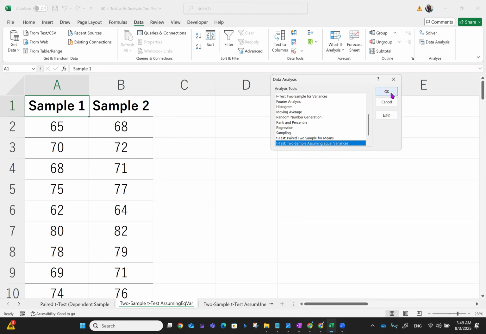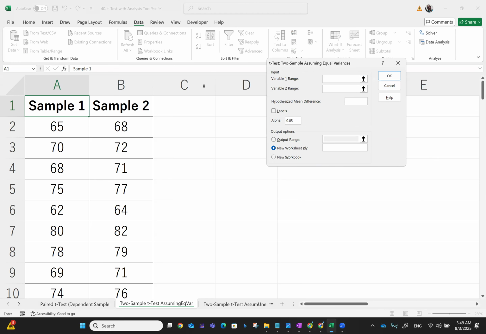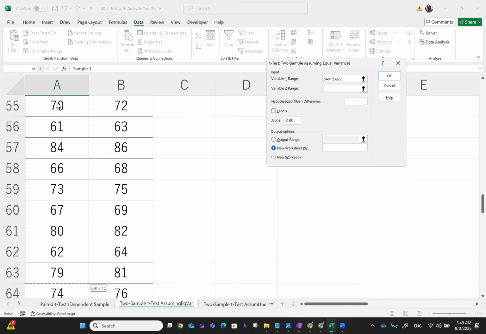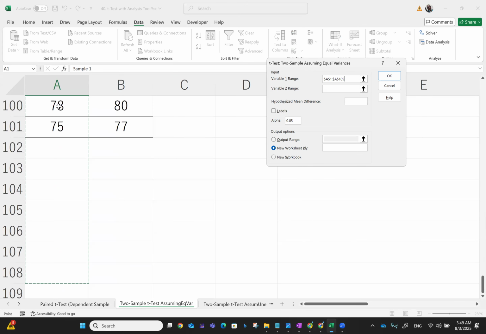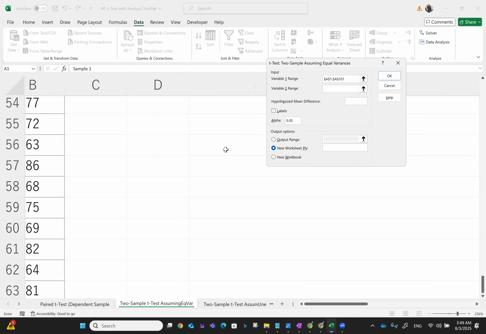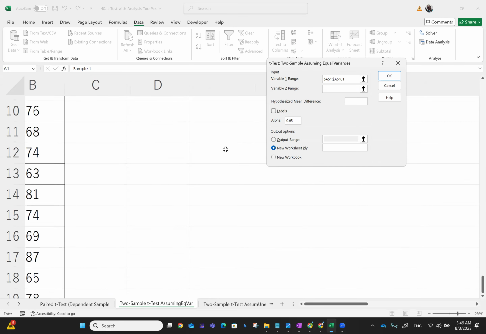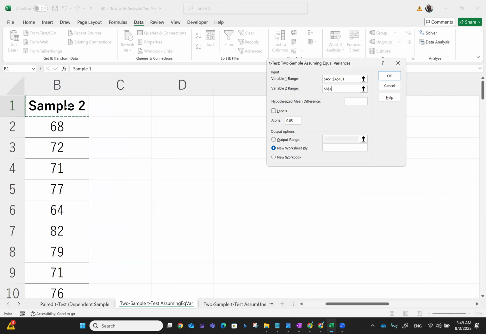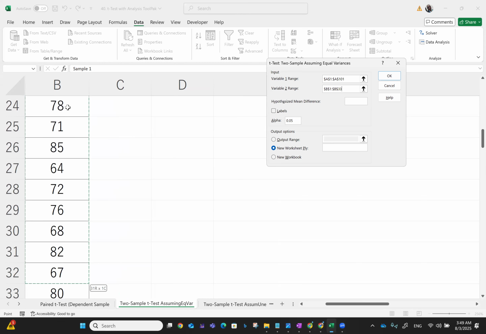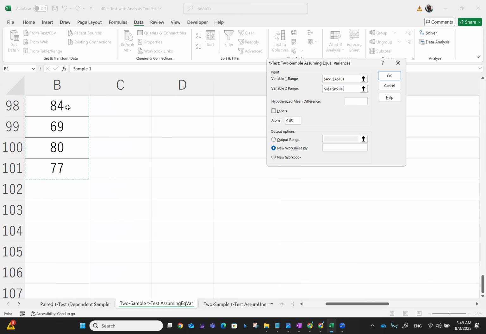So in this case, we just go ahead and say, okay, again, variable 1 range, you go for sample 1, highlight all of that down to the last, or you can just type it out in that box. Then we come here and do the same thing. So for sample 2 now, we have all of this down to the last. With that done, we come to the hypothesized mean difference, which is usually taken to be zero.